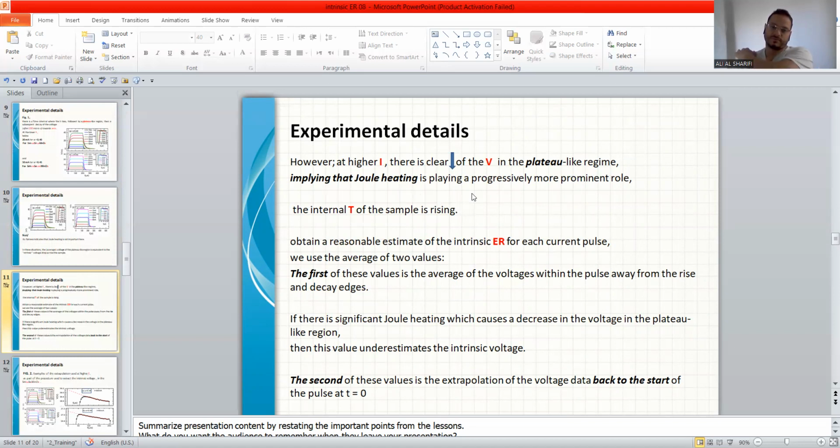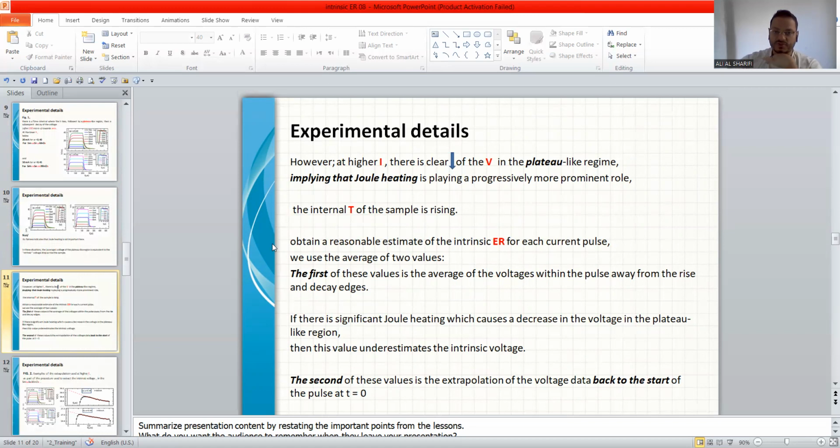Like I said before, the Joule heating will work at the edges, at the two areas, decreasing and increasing, but at the flat part it will be useless. The internal temperature of the sample is rising.